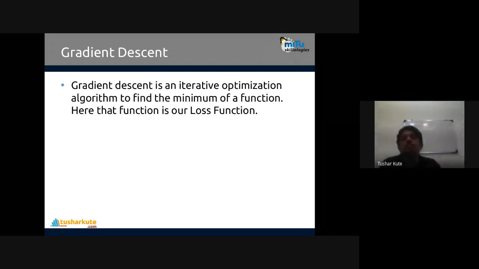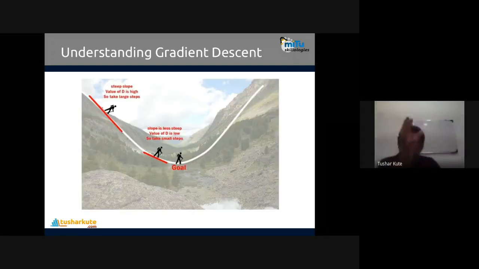Now see, the idea of gradient descent comes from this particular concept. For example, I'm traveling through a valley like this. When you are at this position, there is a steep slope, where the value of the derivative is high, so we take large steps to cover the distance.